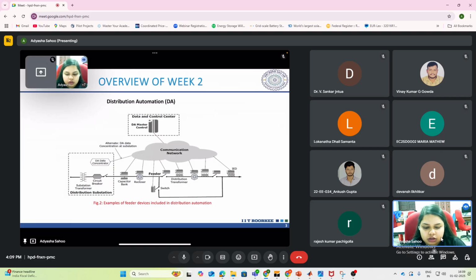So first of all, you can see this is the data and control center, which is basically the master control station. So at this control station, all the information will be collected from the field, like from the substation, you can see.